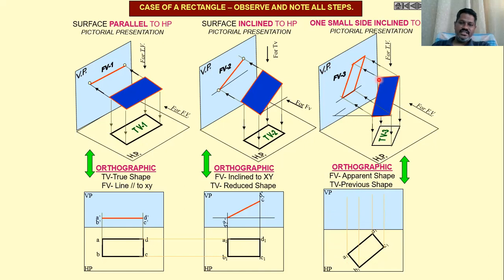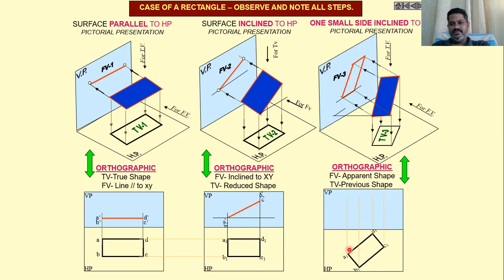Even though it is twisted, the top view is the similar top view that we got in the previous case when the plane is making some angle with the horizontal. So the top view of the second case and this case is the same, but it is making some angle. This top view is making some angle with a vertical plane. That is the only difference, but exactly the shape is similar.